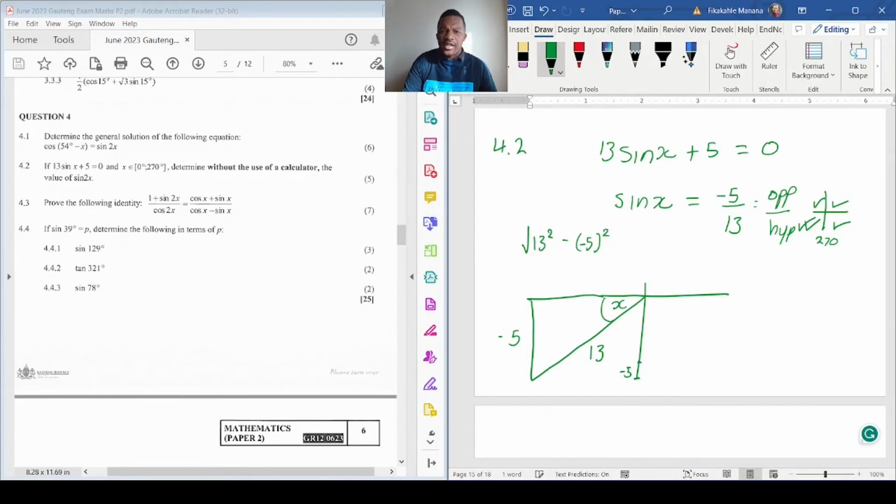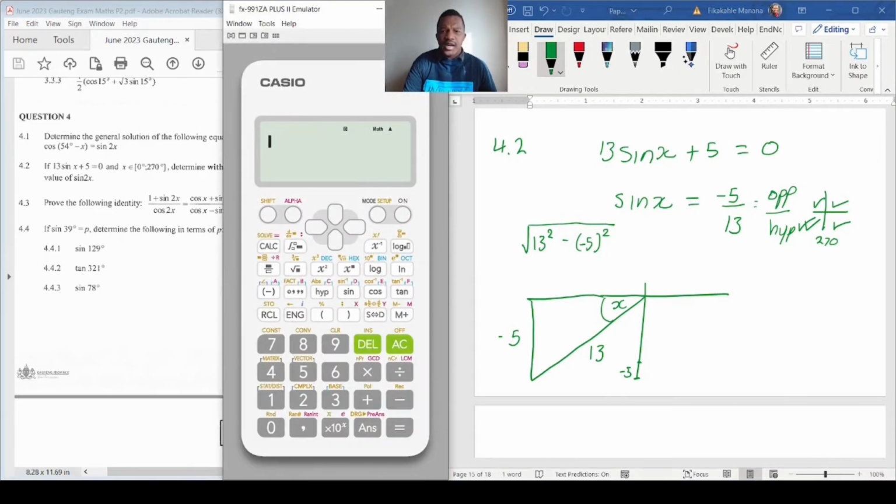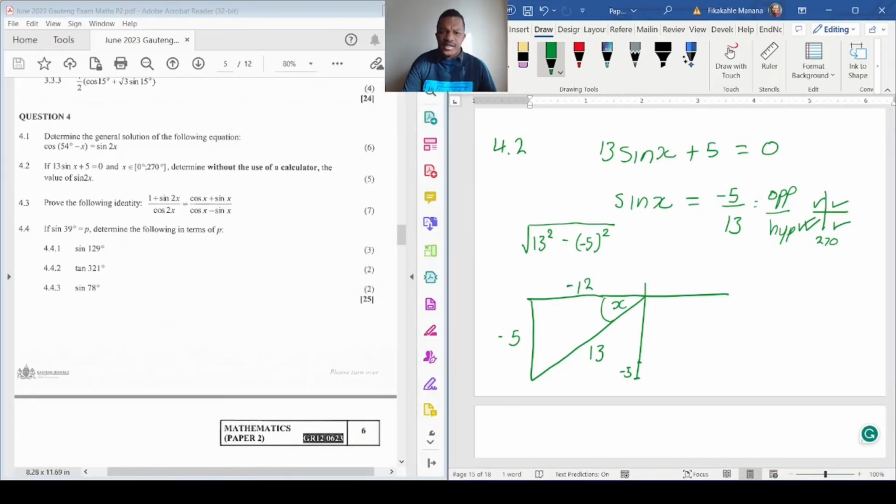It really doesn't make a difference because anything squared is still going to be positive. So square root of 13 squared minus 5 squared. What do we get? 12. We get 12. Now, this 12 is actually negative because it's on the negative side.